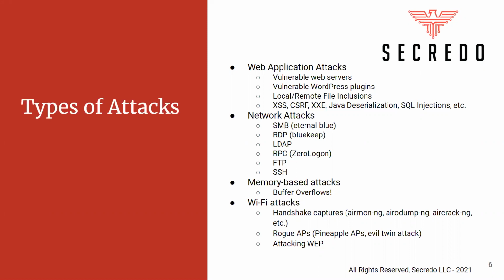But with web application attacks, we're going to be talking about vulnerable web servers, outdated Apache versions, maybe Nginx versions, any kind of custom server that's up, maybe CUPS or something of that nature that allows you to perform remote code execution without even having to visit the site. You may just be able to send packets that contribute to remote code execution, and you can gain access that way.